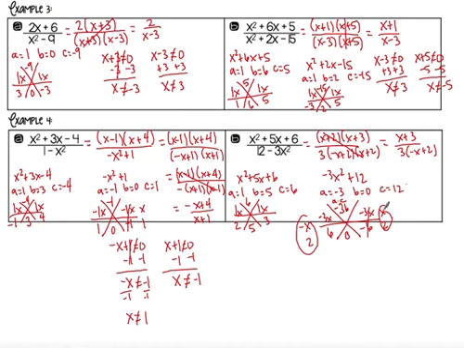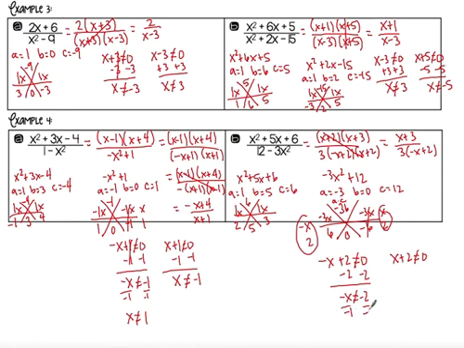I need to get my excluded values by taking the bottom of my fraction and setting each of the factors not equal to 0. I don't have to worry about the 3 because it doesn't have any x's, but I do need to worry about the negative x plus 2 and the x plus 2. And so I would subtract 2 from both sides and get negative x does not equal negative 2.